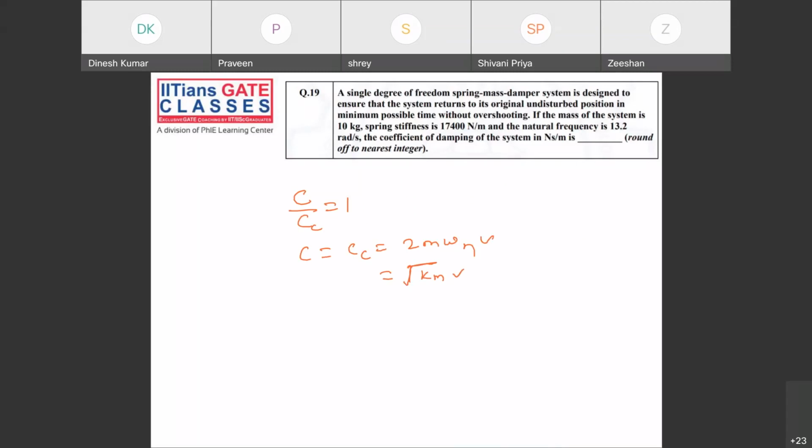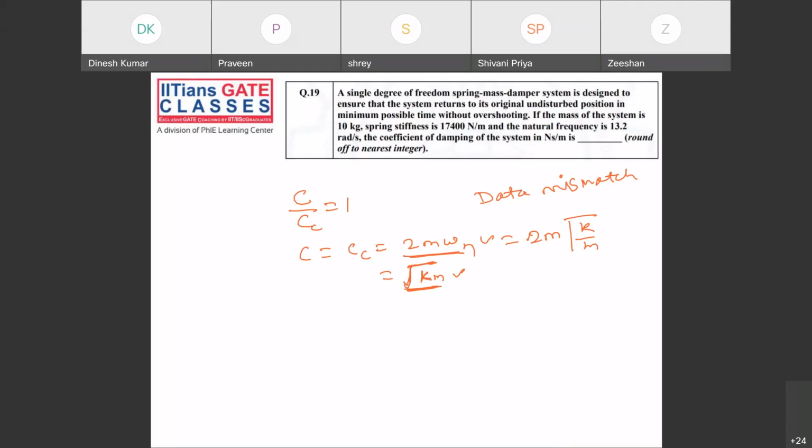If you use the other expression, you will get another answer due to data mismatch. So your answer will not be consistent if you use these two expressions. This is derived from the same thing, because omega n is under root k by m, so you get under root km.